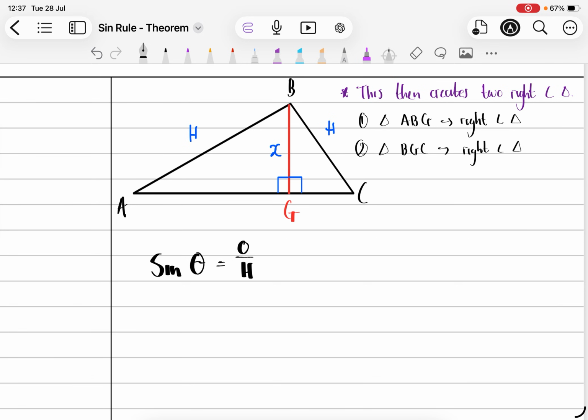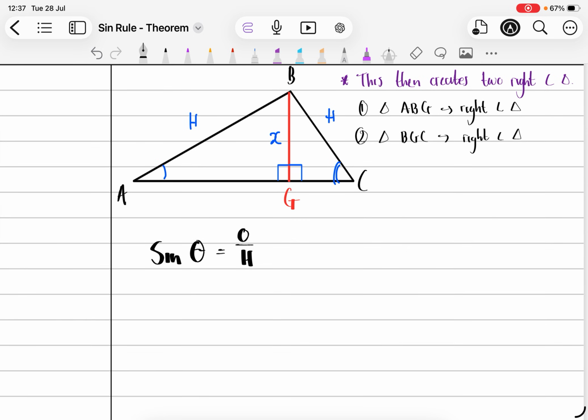I'm now going to use that opposite over hypotenuse. The two angles I'm going to refer to, the first one will be angle A, and the second one will be angle C, so that we can create a ratio with them. Basically it's your idea of creating a ratio out of those two.